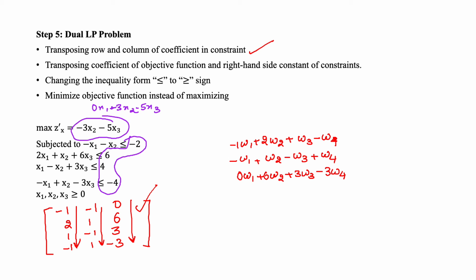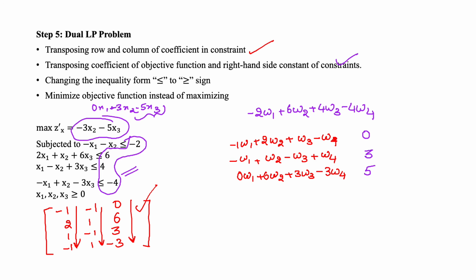They will come here like 0, 3 and 5. Okay, they will become the right hand side constants of the constraint equations, and the right hand side constants of the constraint equations in the primal problem will become coefficients of the objective function, that is minus 2 w1 plus 6 w2 plus 4 w3 minus 4 w4. So this step is also done.